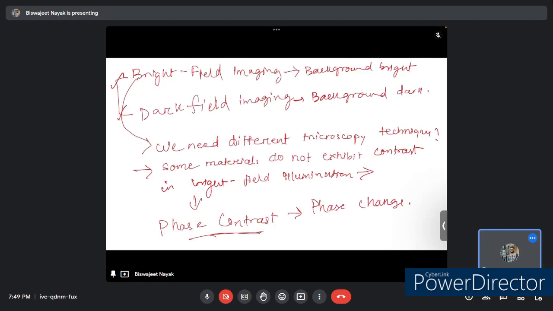And how does this phase change help in detection of the object?